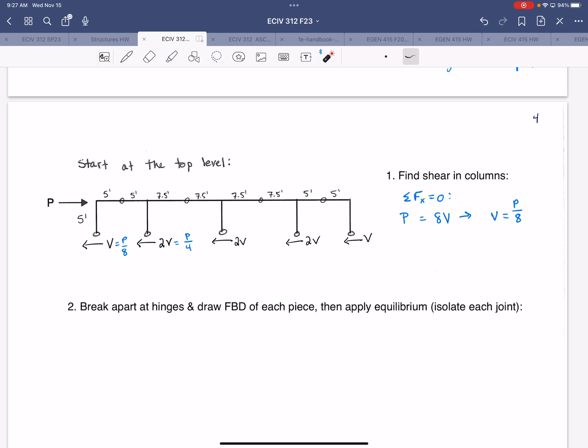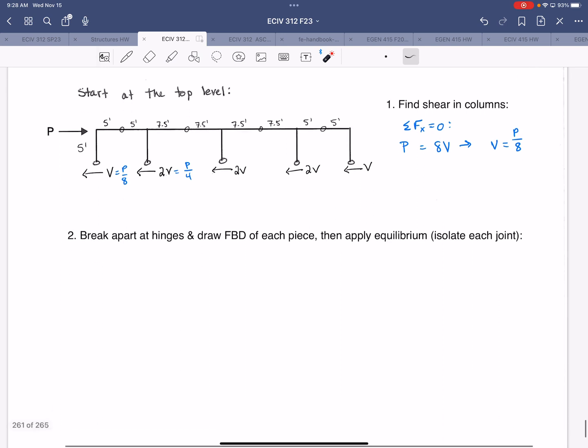After you find all the vertical and horizontal unknown forces at the hinges, you can go back and calculate what the moments are at the joints. So isolate each joint and apply equilibrium. We'll look at first, and I always work left to right on these frames.